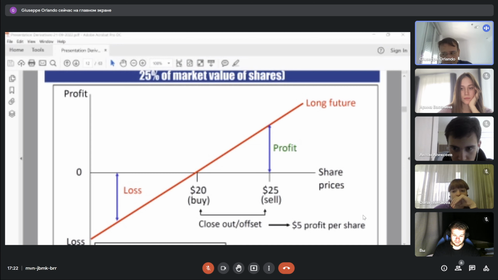If the counterparty is not able to do that, the contract will be closed and the counterparty will default. Is it clear what I mean?